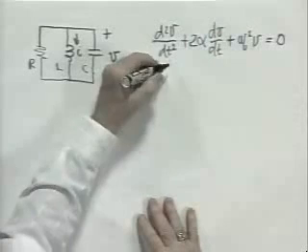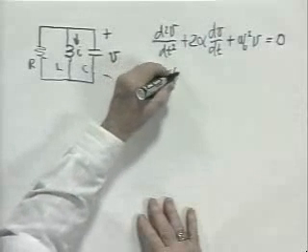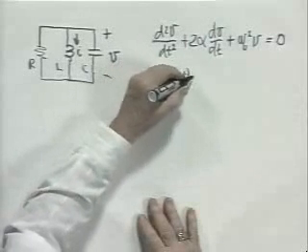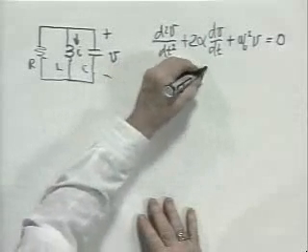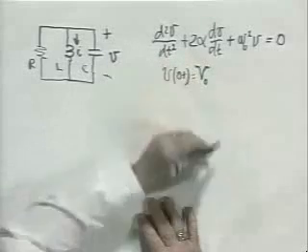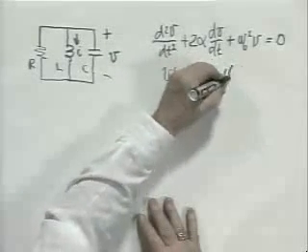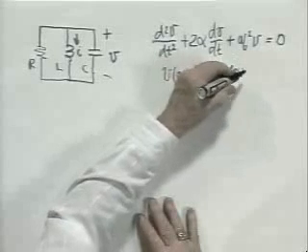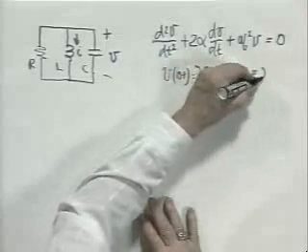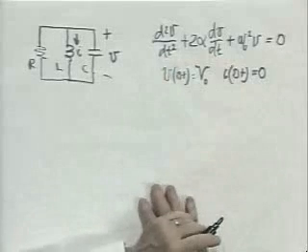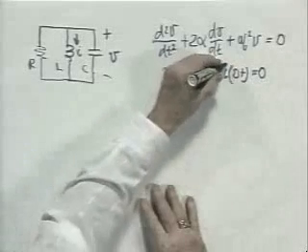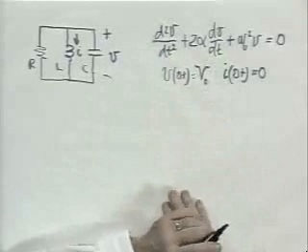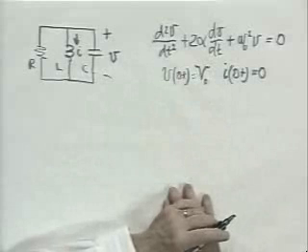We also know that v of 0 plus is equal to this value we calculated by taking account of the impulse, V0, and i of 0 plus equals 0. That is, the double integral which produces the current in the inductor has no value for 0 plus.